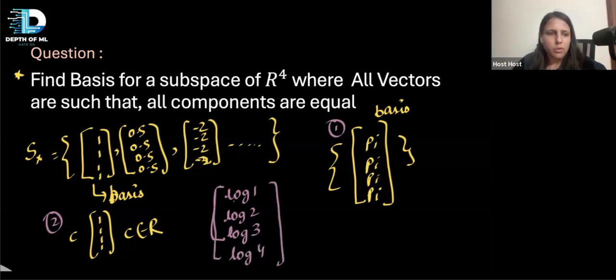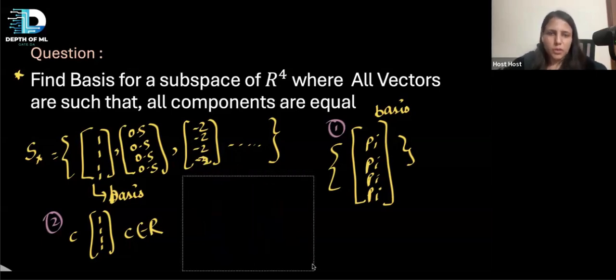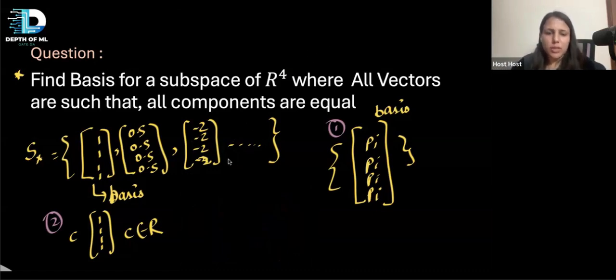So log 1 is not equal to log 2, right? So this is not a basis. So I'll remove this. Okay. So I had asked you to find just one basis. So it is clear to everyone, right? We can find any basis. So basically any vector which has all 4 coordinate values equal will form the basis for this vector space. Clear?